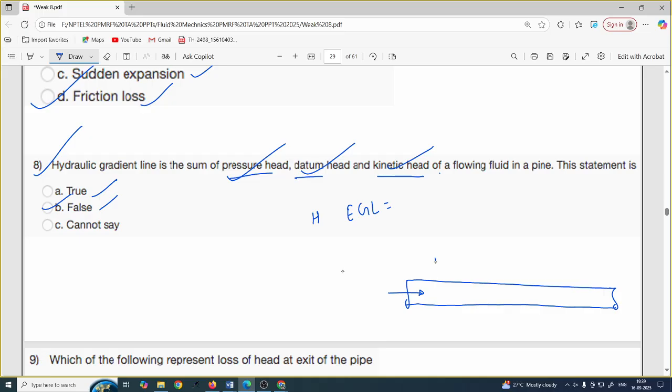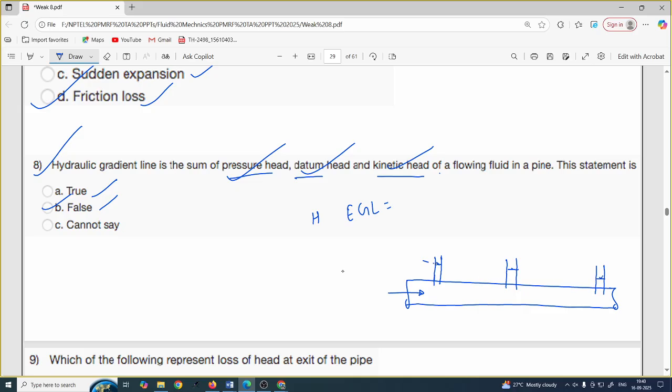When we insert a pipe, that is your piezometer, you will get the pressure like here, a little bit lower here, a little bit lower.